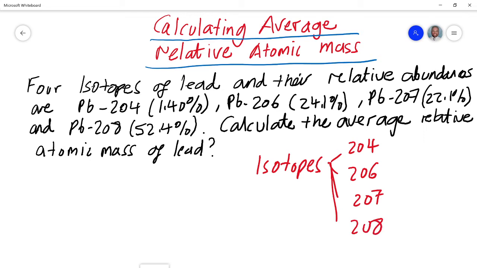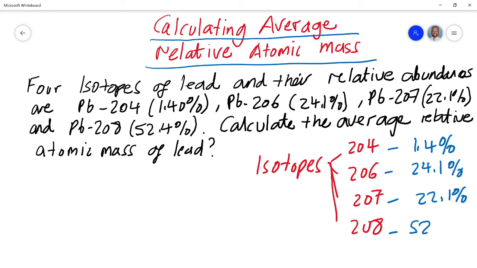Their percentage abundances are 1.4%, 24.1%, 22.1%, and the last one is 52.4%. Of the 4 isotopes, the one that exists at a higher percent is the 208, which is 52.4.